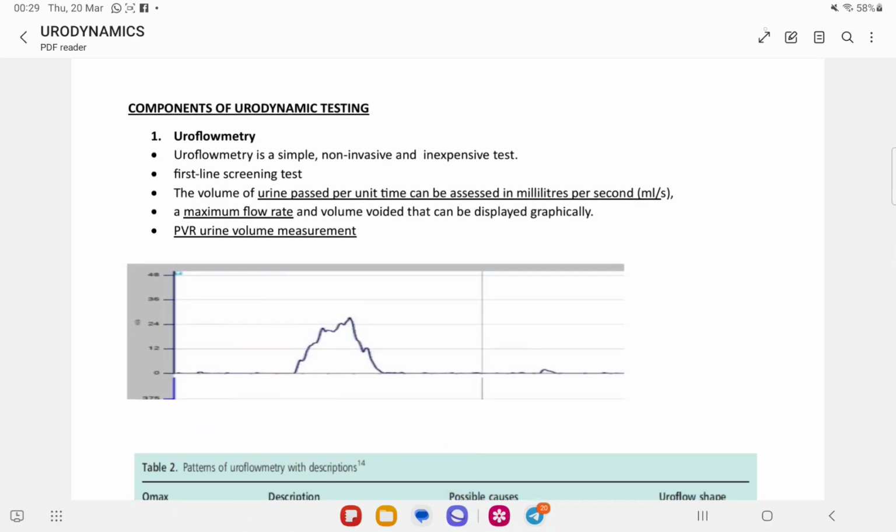The first component of urodynamic testing is uroflowmetry. Uroflowmetry is a simple, non-invasive and inexpensive test. It is the first-line screening test.